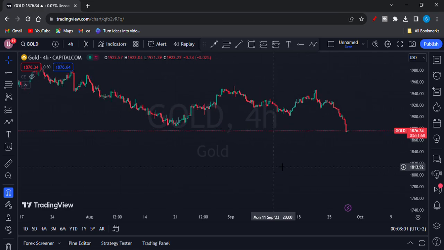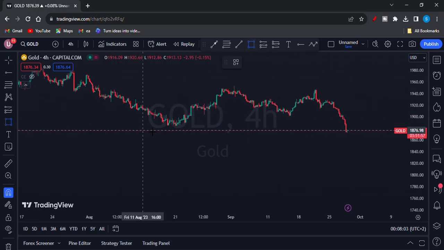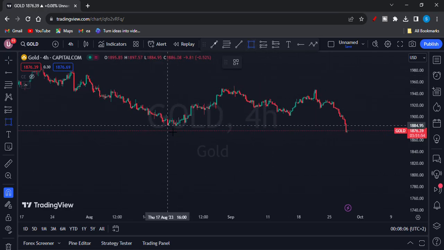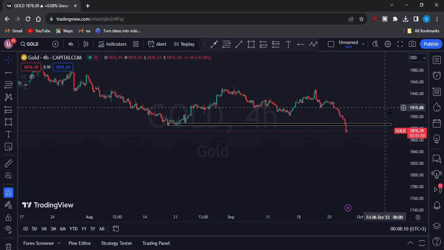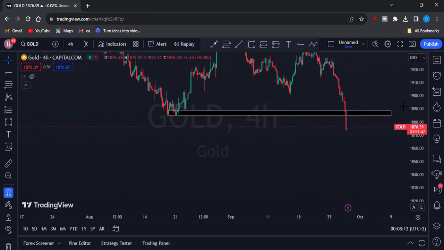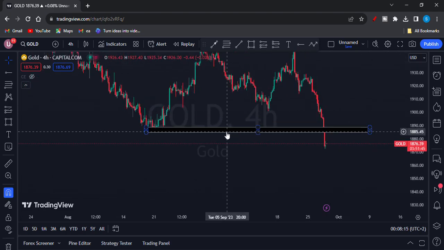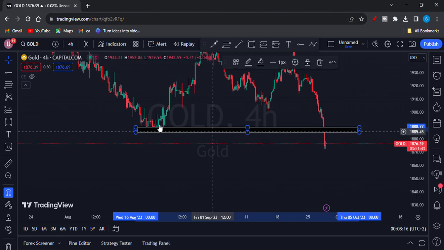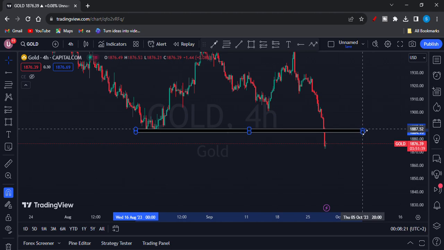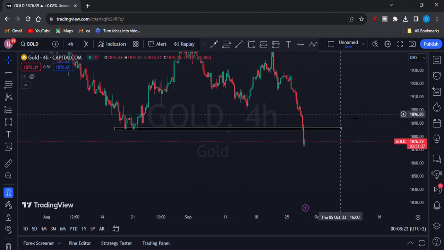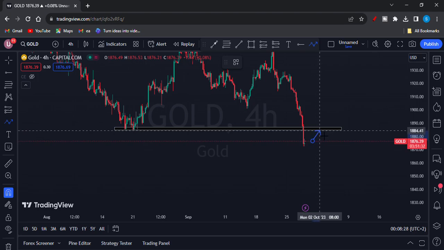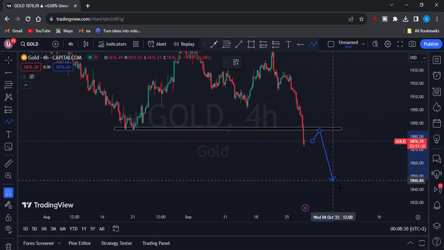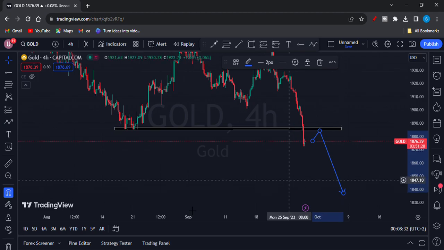Okay, so on a 4-hour, broke this right there. So we broke this support area right here. And then, excuse me, what I'm going to expect is a push up to this former support area and then push to the downside.